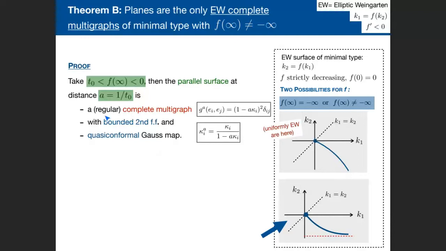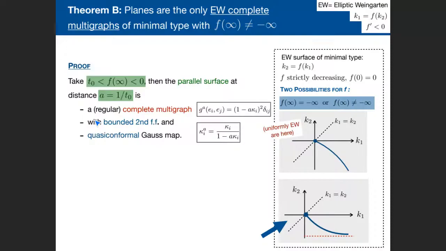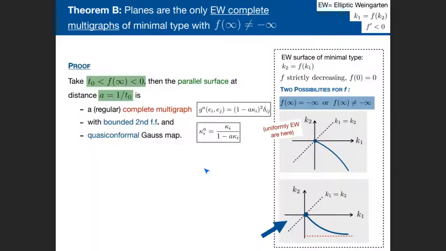The parallel surface is regular because, in general, when you take a parallel surface to a given one, singularities can appear. But if you choose T0 carefully, then the parallel surface is going to be regular, a complete multigraph, and have bounded second fundamental form. This is because of the relation between the principal curvatures of the parallel surface and the original one.